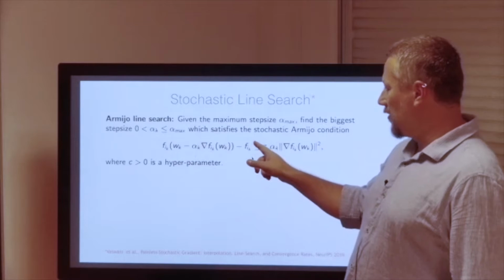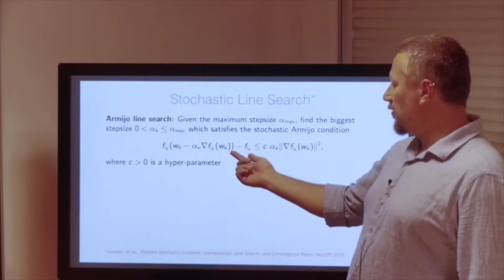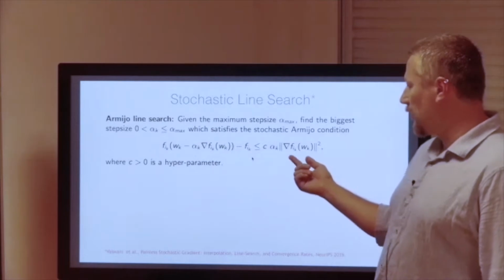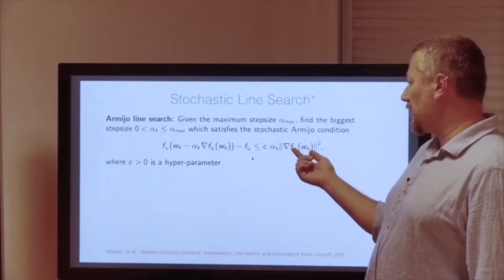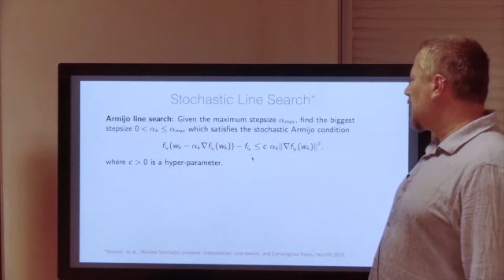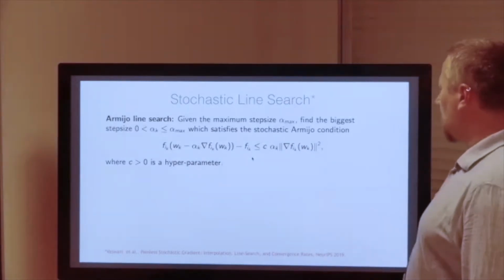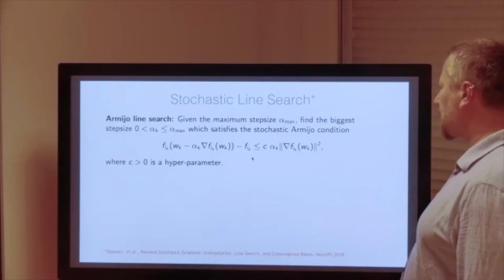You should have omega k here. And you want this difference to be sufficiently small, meaning it should be smaller than some constant times the step size times the norm squared of the gradient of f_ik at omega k.